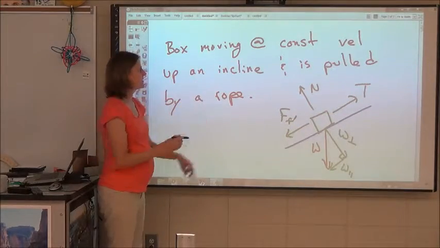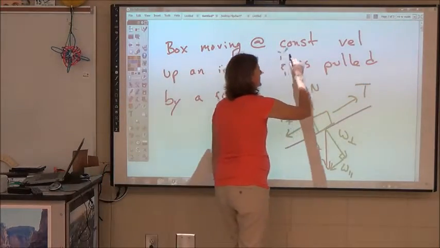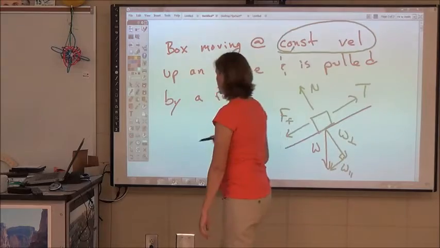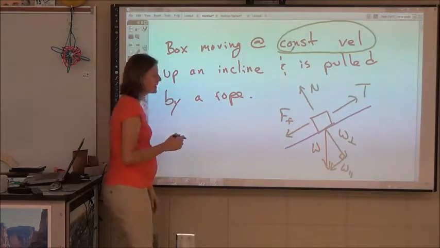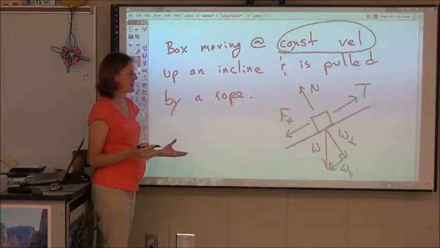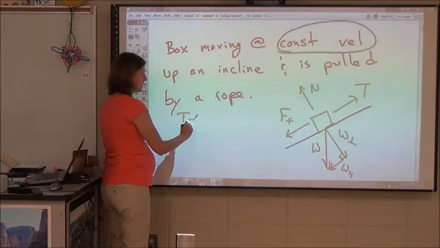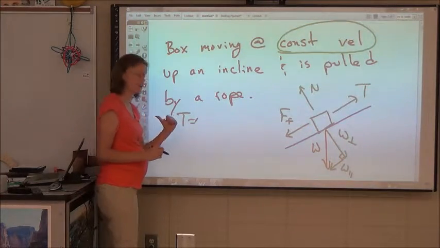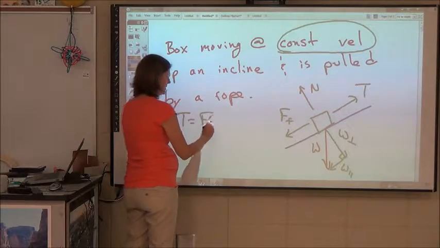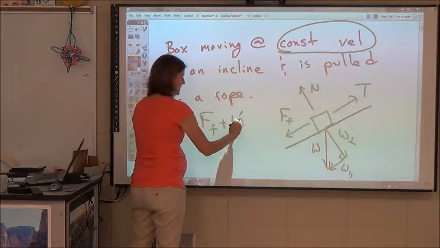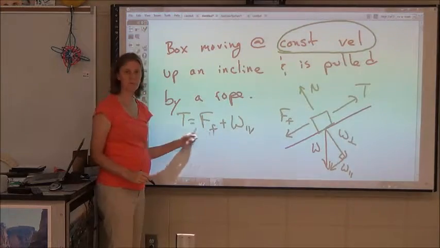And if this says it's moving at a constant velocity, then I know forces are balanced. I know that that tension that's going up and to the right needs to equal everything else going down to the left. I know that must be true.